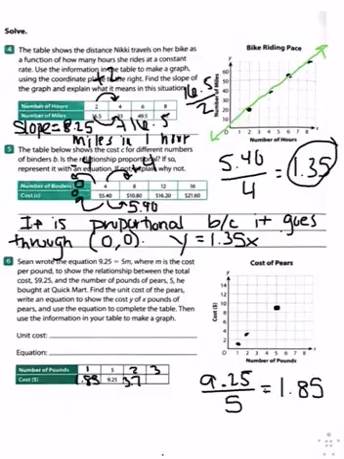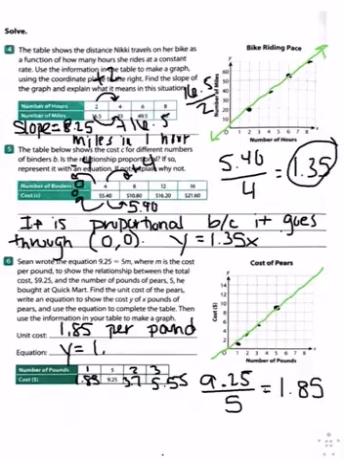And I'm going to do 3, which gives me 5.55. And as you can see, it is starting to make a linear proportional relationship. So my unit cost is 1.85 per pound. And my equation is going to be y equals 1.85x, because that's my unit cost. Again, I could put plus 0, but I don't have to because that doesn't change my answer either way.